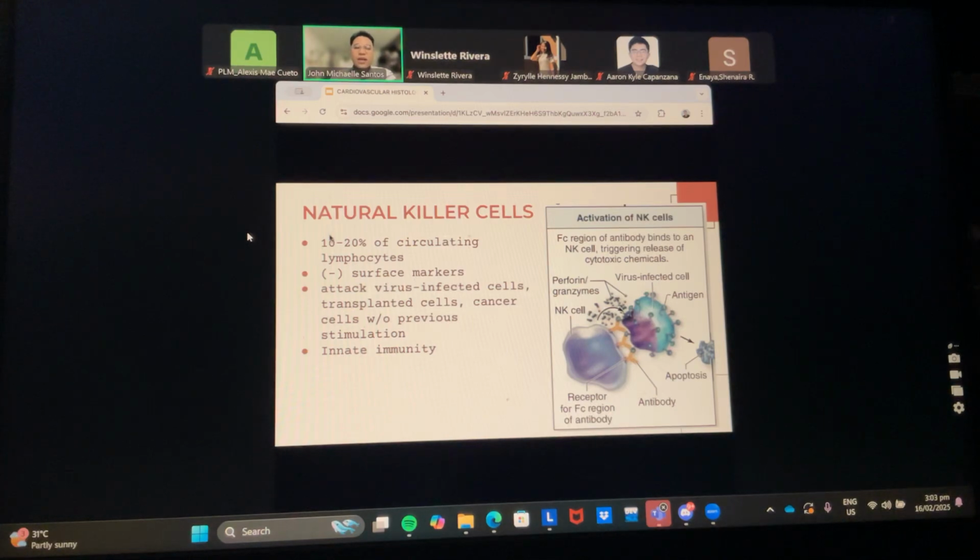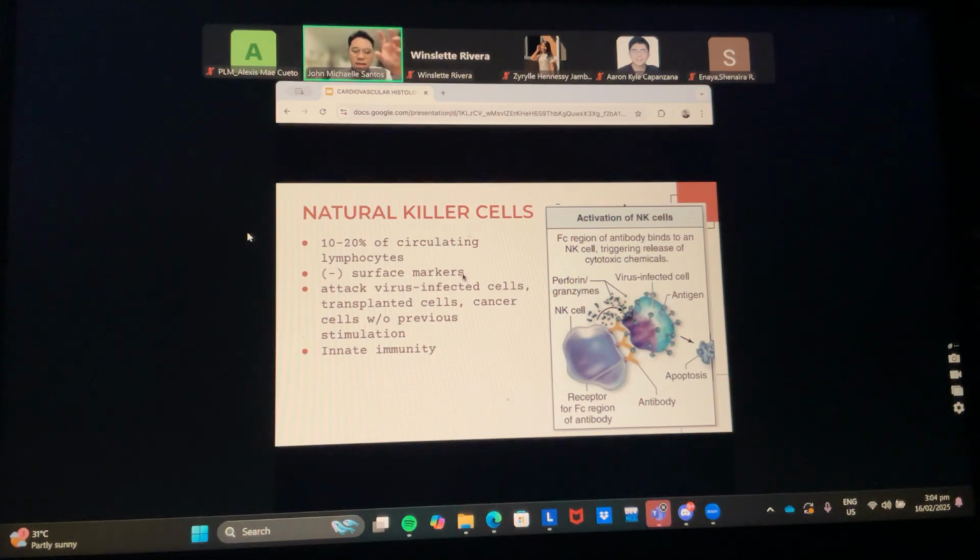And then you also have your natural killer cells. Your natural killer cells, they make up 10 to 20% of your circulating lymphocytes. They have no surface markers, and then they primarily attack virus-infected cells and transplanted cells and cancer cells without previous stimulation. Kumbaga sila yung pinaka-astig sa mga immune system cells natin kasi they do not need any activation.